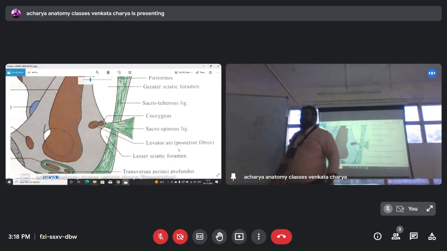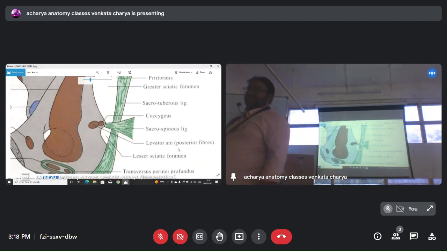In the apex, there is the attachment of sacrospinous ligament. Sacrospinous means it extends from the sacrum to the spine. Sacrospinous ligament.